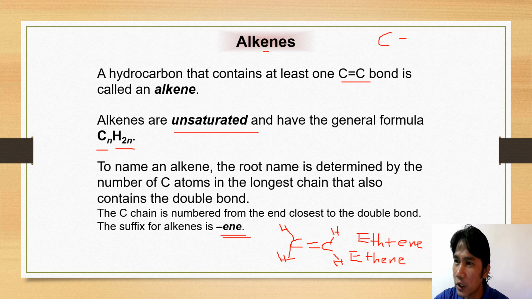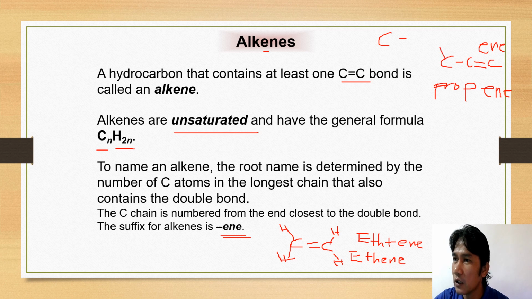Okay, if there are 3 carbon atoms, the root is pro. Okay, pro, and then if the double bond is here, all right, the root is prop, then we add ENE, then that's called propene. Okay, then we put the corresponding number of hydrogens.